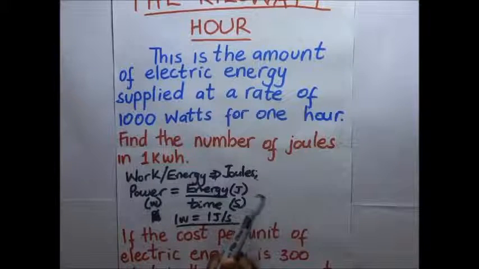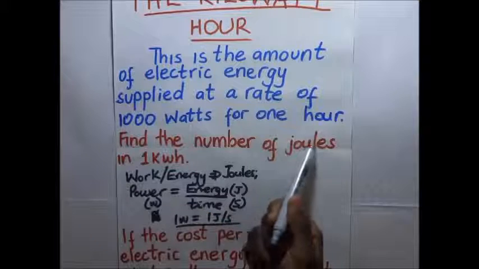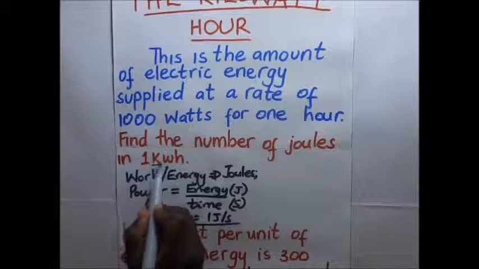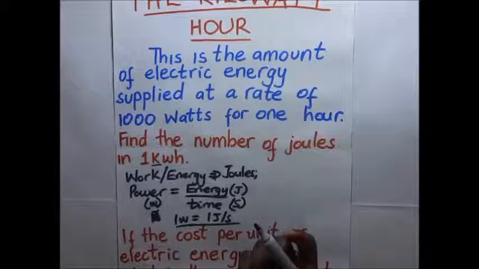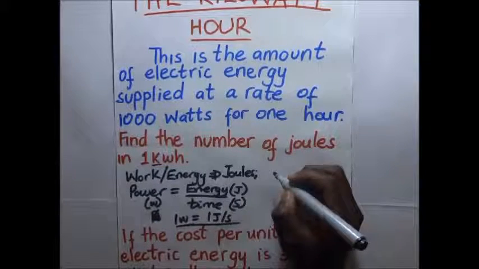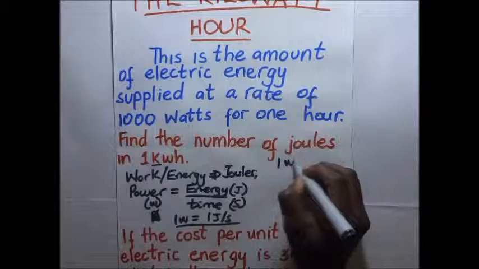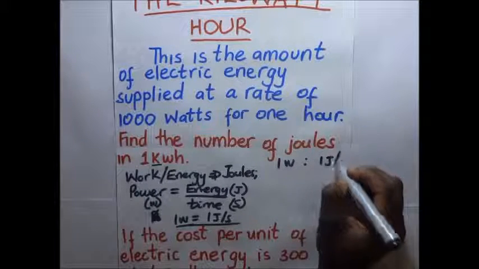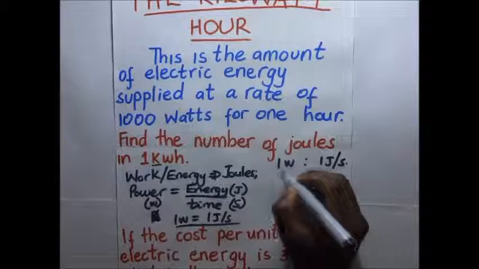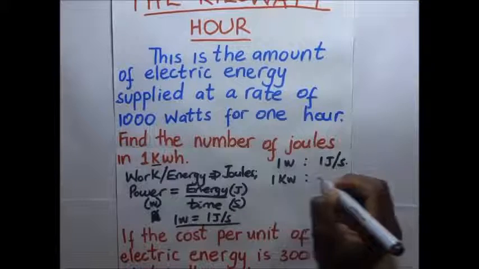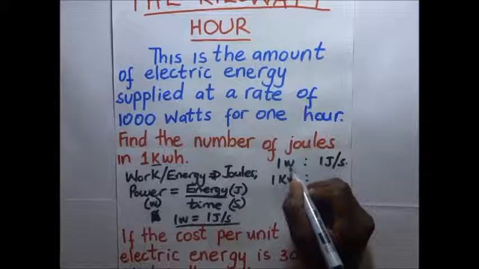But now here we want to find out how many joules are in 1 kilowatt hour. I hope we all know that kilo means times 10 to the power 3. So if 1 watt is equivalent to 1 joule per second, what about 1 kilowatt? 1 kilowatt will mean times 10 to the power 3 here.